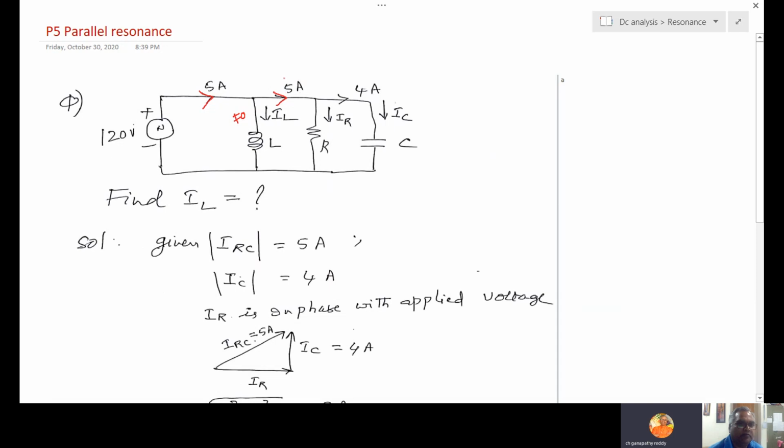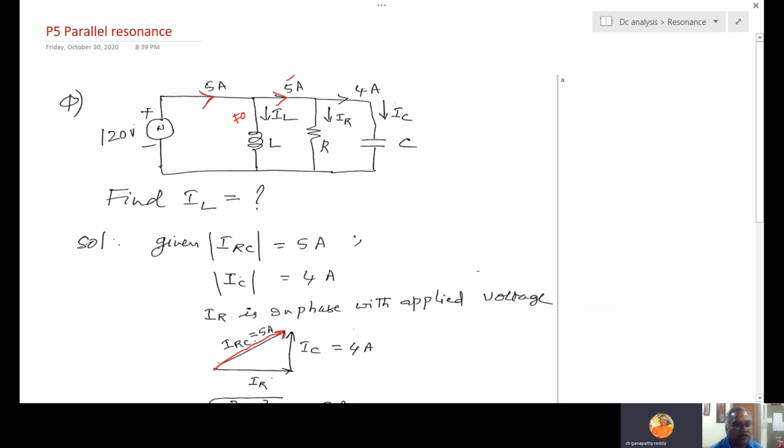So this 5 ampere is vectorially here. This length is 5.